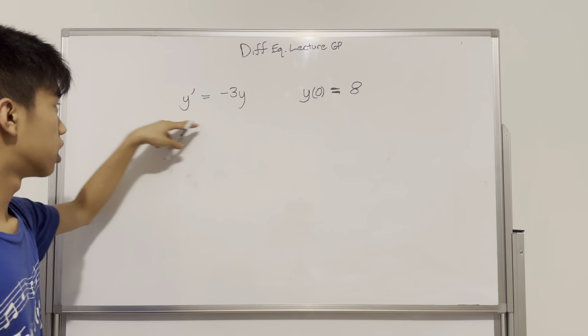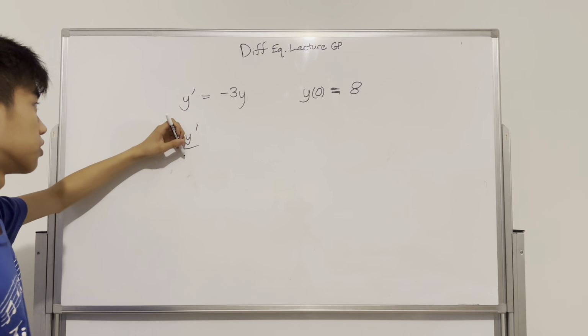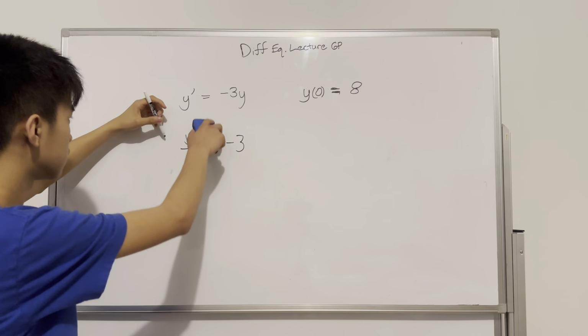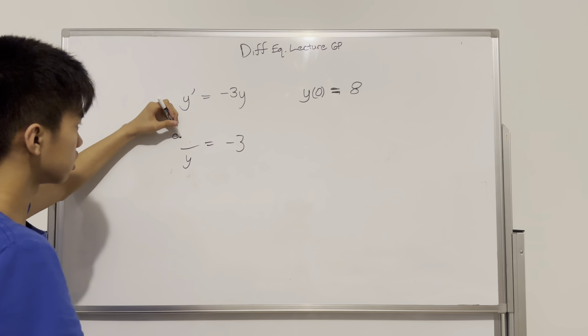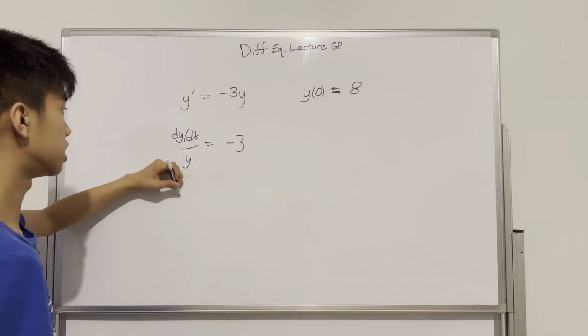So we could just divide everything by y first of all. So now we have this. But remember that this is actually dy dt. So now we can multiply both sides by dt.